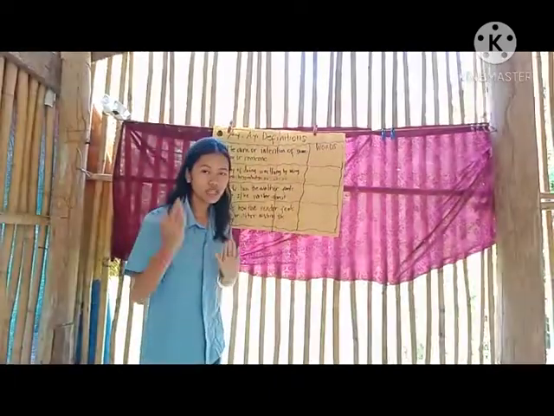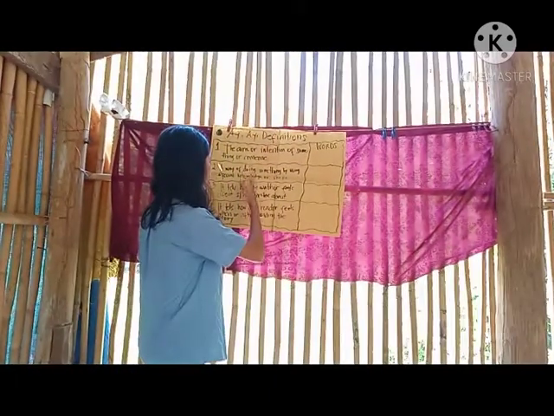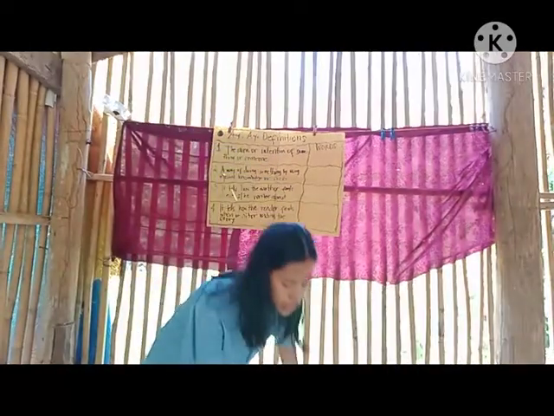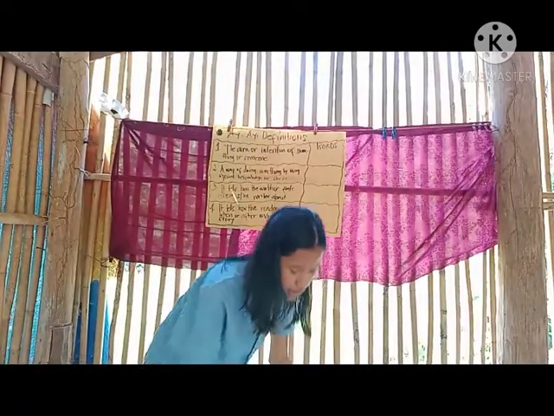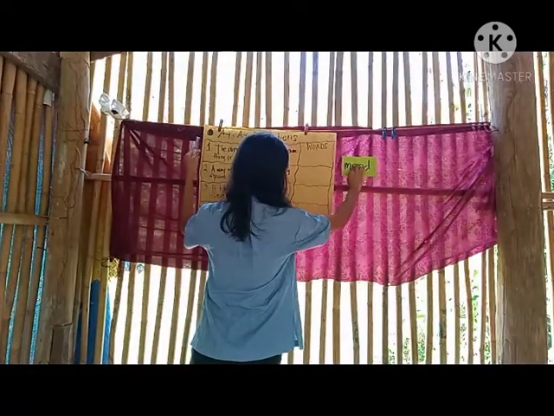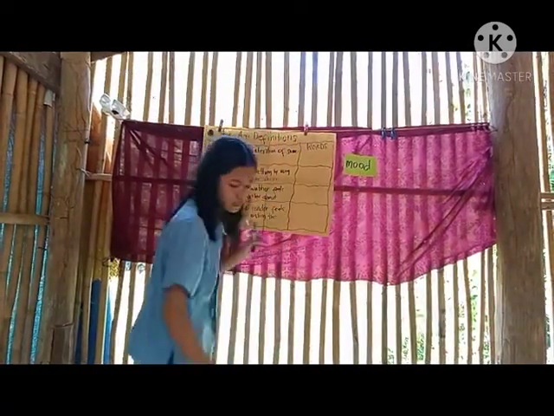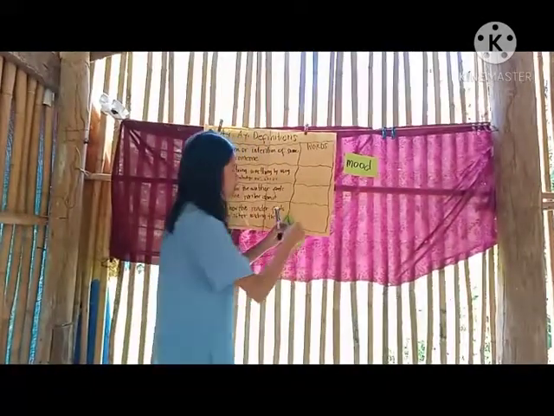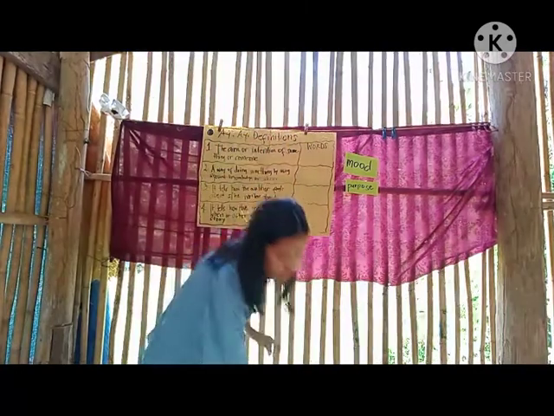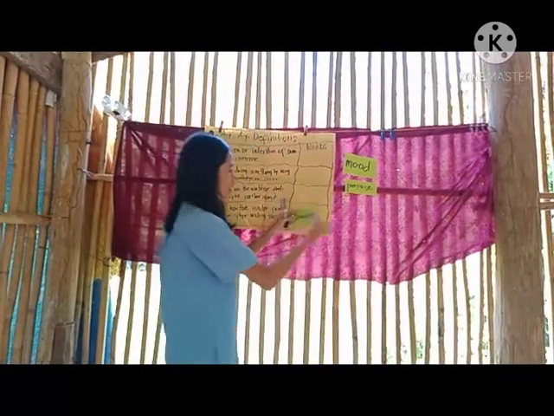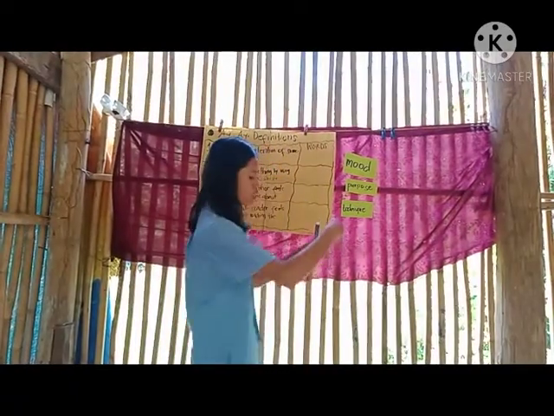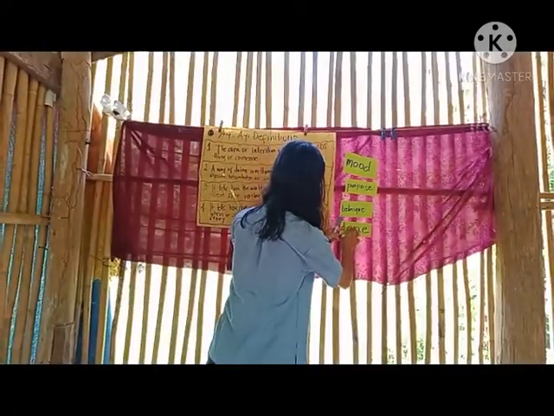So, in Definitions, we will match these definitions to the words that I provided here. The first one is the word mood. The next one is the word purpose. The third one is the word technique. And the fourth one is the word tone.